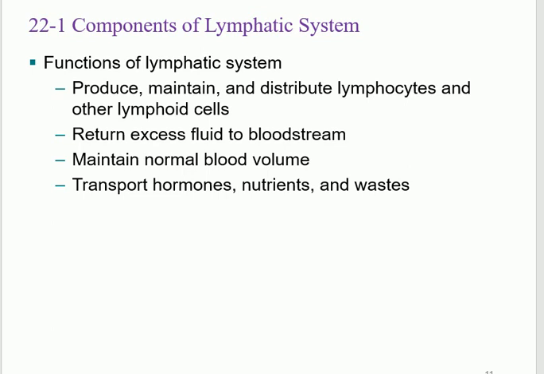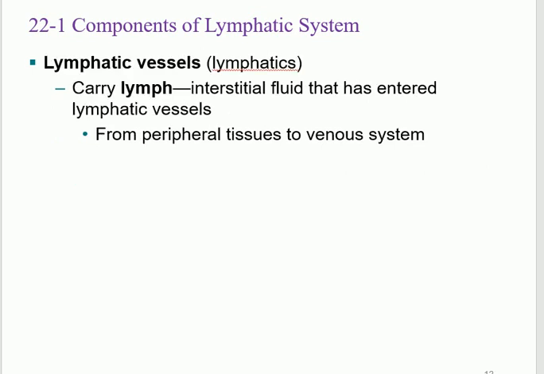If there are hormones or antibodies or nutrients, you're going to take them on your way and deliver them to the heart. So this also counts toward the functions of the lymphatic system.